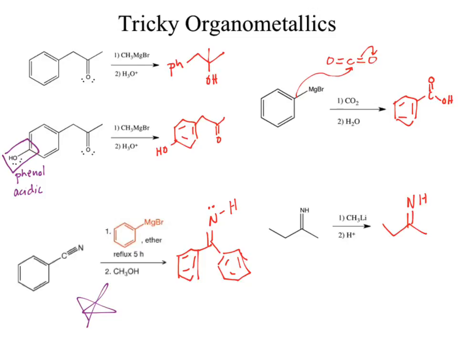For the last reaction, what happened? Again, nothing. Why? That hydrogen is likely still too acidic, and it's going to react with the Grignard. If I wanted that nucleophilic attack to happen, what do I need to do? Turn that hydrogen into a carbon.